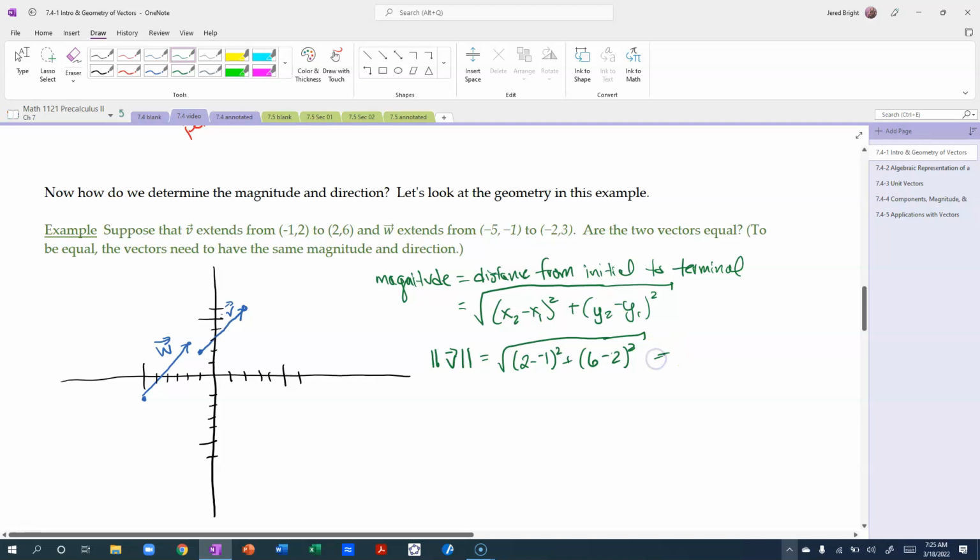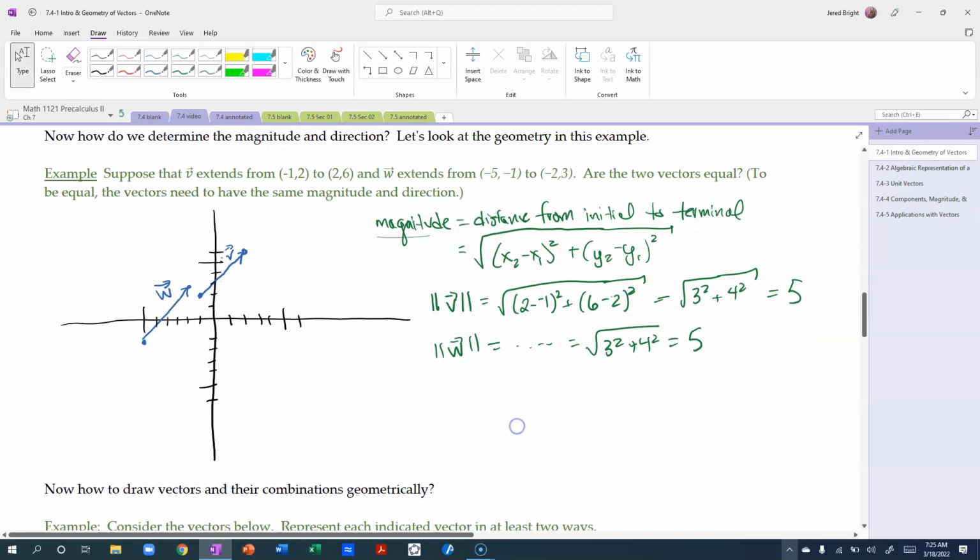So I end up getting the square root of 3 squared plus 4 squared, and I get 5. I do the same thing for w, and long story short, you get 3 squared plus 4 squared, which is equal to 5. So to find the magnitude, just do the distance formula.